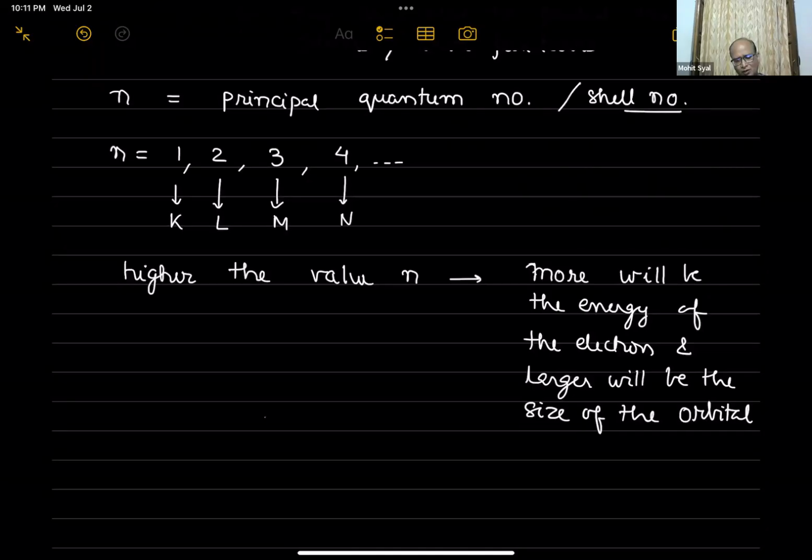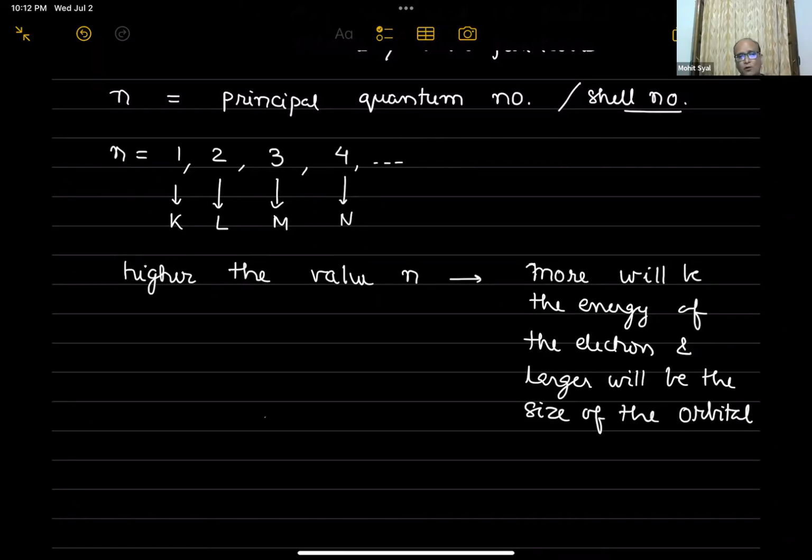Now we know it is the principal or main quantum number, which gives a rough idea about the size and the energy of the orbital. Bohr also calculated the energy for each n, for electronic species.